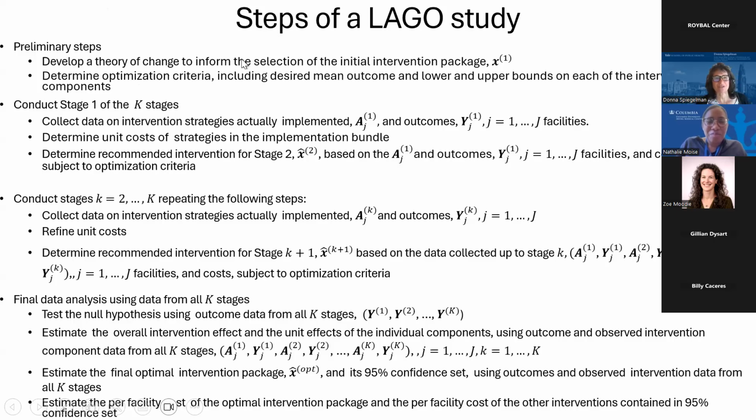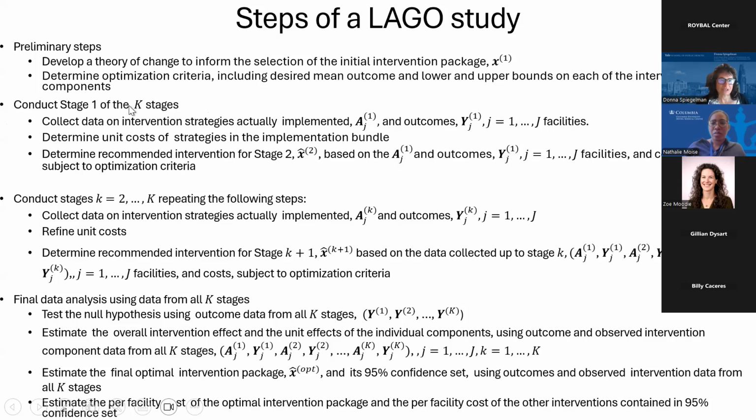So we developed the theory of change to inform the selection of the intervention package, which we're going to denote as little x. And it's in bold because it's a vector, like as I showed in that PrEP example, this would have four components, I think. And the one means at the start of stage one. And then we determine the optimization criteria, including the desired mean outcome that we want the package to achieve, and the lower and upper bounds on each of the intervention components that are allowed.